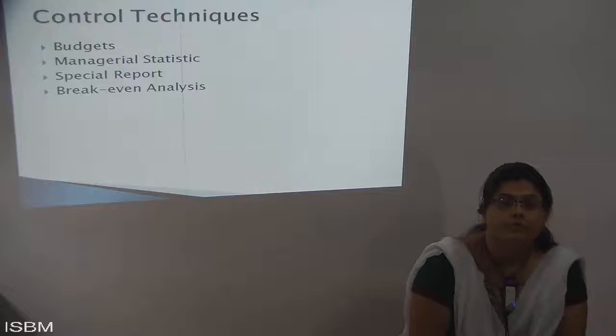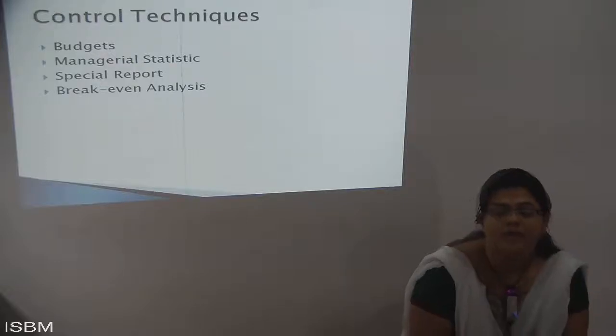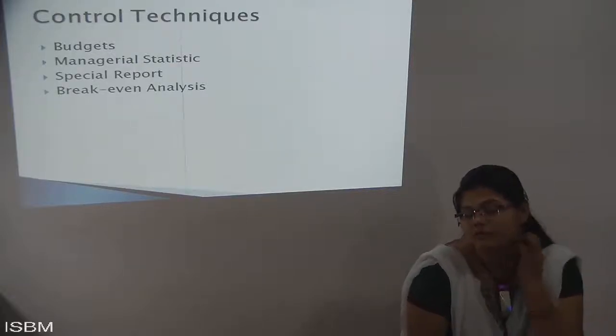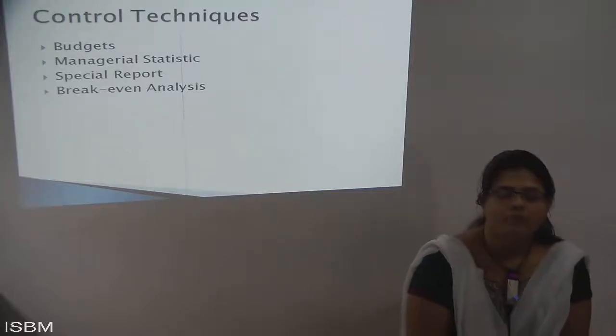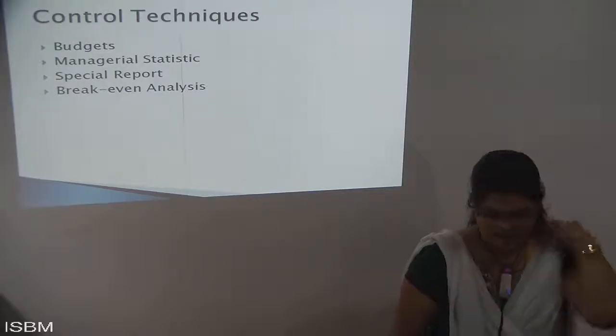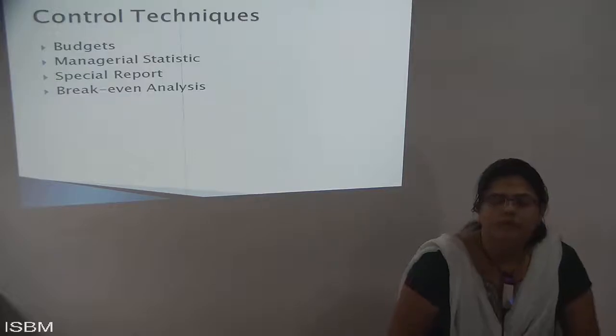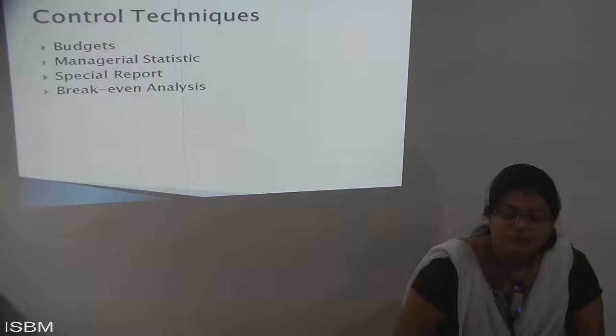So how much will I be consuming, or how much good benefit will I get? That will be analyzed with the help of statistics, with pie diagrams or bar diagrams, and with this you analyze whether it is moving in the right direction or not.